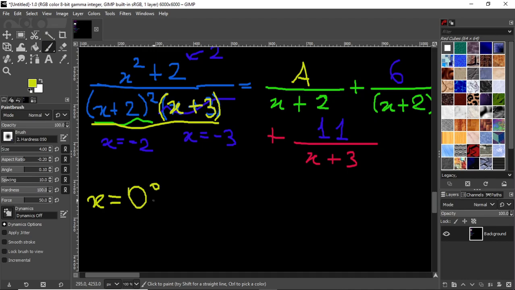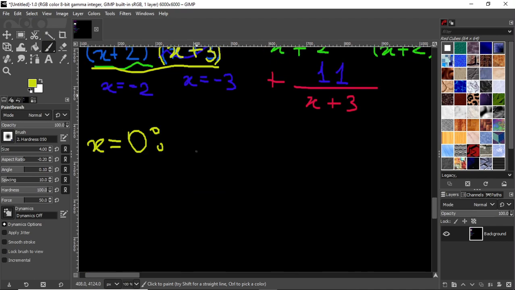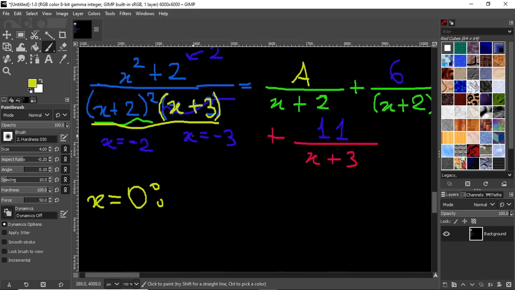There's really quite a bit of flexibility with finding the unknowns most of the time, so there's no need to worry about sticking to one particular method all the time. So if I set x equals 0 in this equation, what I get is 2 divided by 2 squared plus 3.